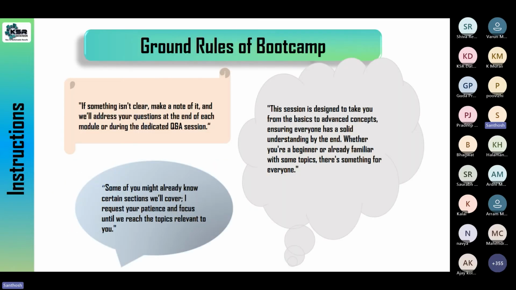Some of the ground rules of this bootcamp: we are going to start from scratch, from zero. Some of you may know some concepts, some of you may be listening for the first time, and I want to do justice to everyone in this class. So I would take everything from zero. If you are aware of it, well and good; there is always something to learn.